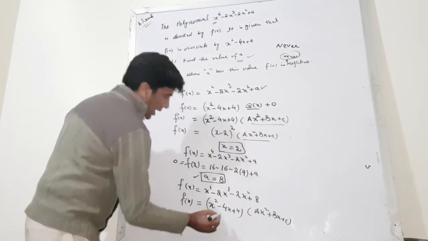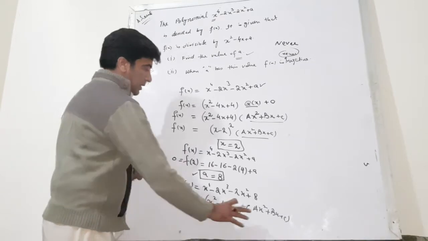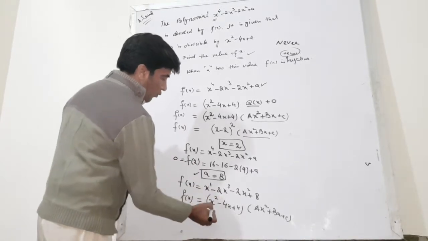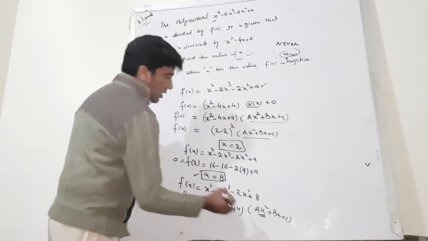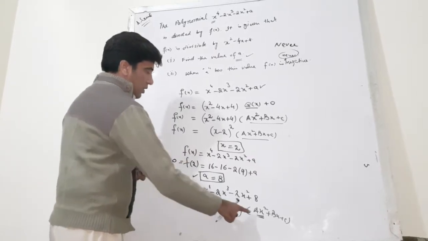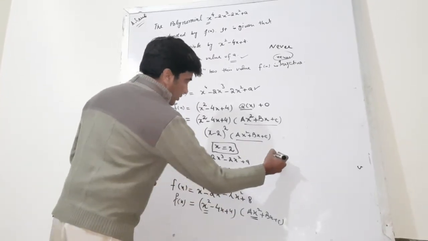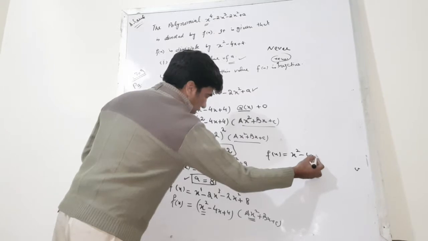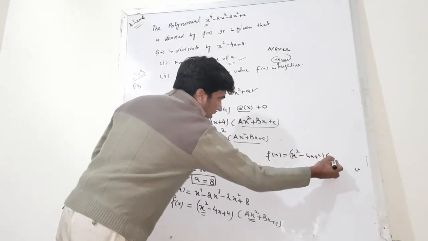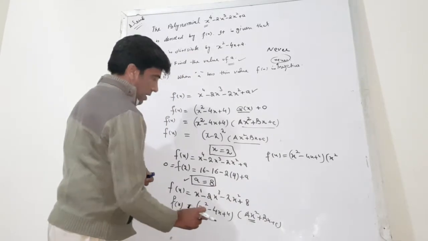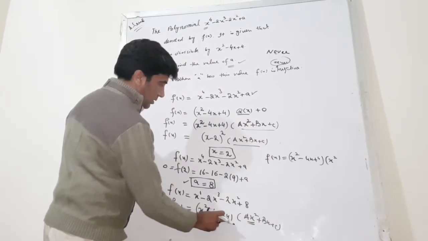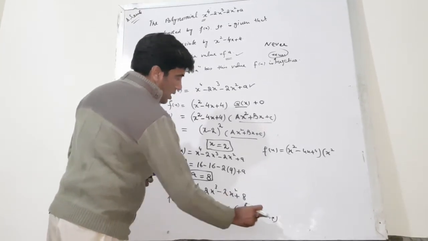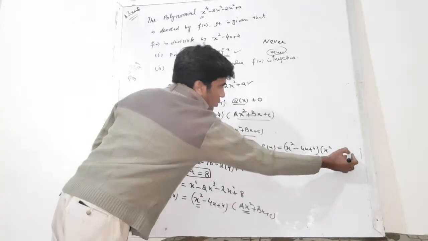No need to do too much work if you look very carefully: when x² is multiplied by this, we get only x⁴, so a should be 1. So f(x) = (x² − 4x + 4) times (x² + bx + c). In the same way, the constant term you get only when you multiply 4 with c. The constant term there is 8, so c is 2.